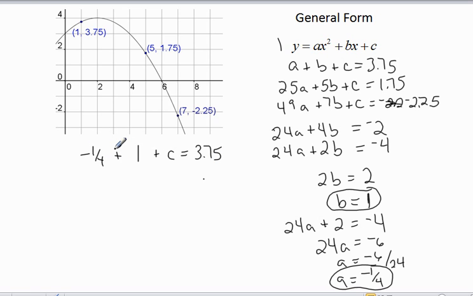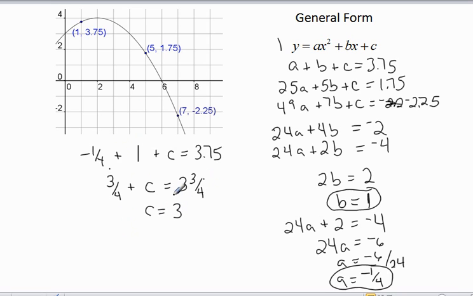So I get negative 1/4 added to 4/4. So over here I've got 3/4 plus c. I'll write this as a mixed number. This is 3 3/4. Now I can subtract 3/4 from both sides, and I get c is equal to 3.